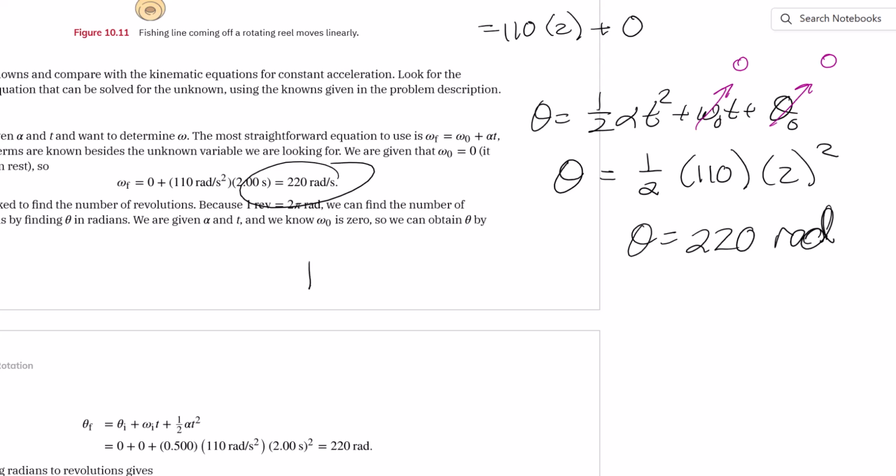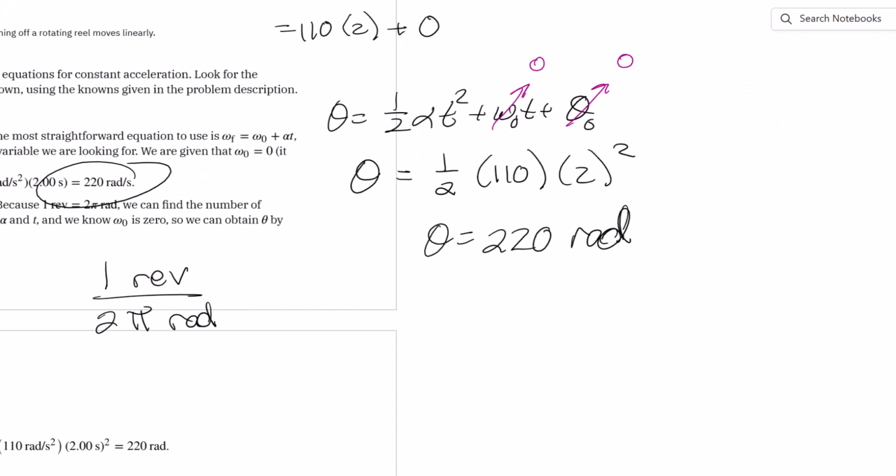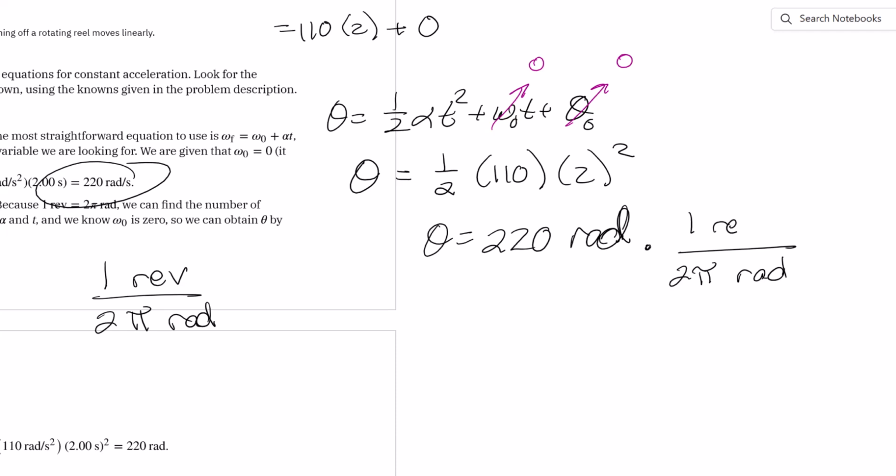And you know that 1 revolution is 2 pi radians. So there's other ways to do it, but I like to learn one way and never learn anything else in my life. That's always been my big goal. So I just treat it like a unit conversion. I'm going to cancel out the radians, and I end up with revolutions on the top.